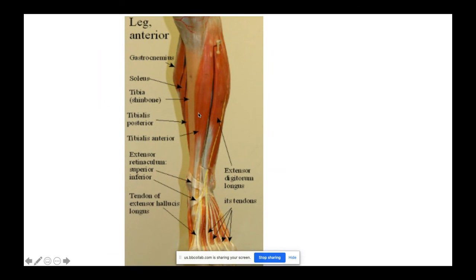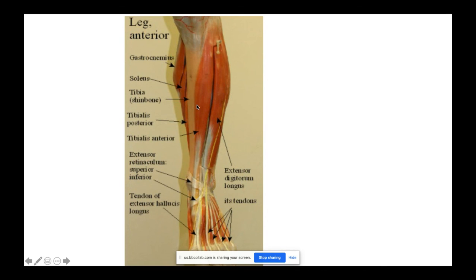Okay. Then similar concept. Remember what we talked about with the forearm, where anything that was in front of the forearm flexes the wrist and the fingers, and anything on the back of the forearm extends the wrist and can extend the fingers. Similar principle, but now we're talking about the leg, but you can see that the anterior leg muscles cross the ankle.